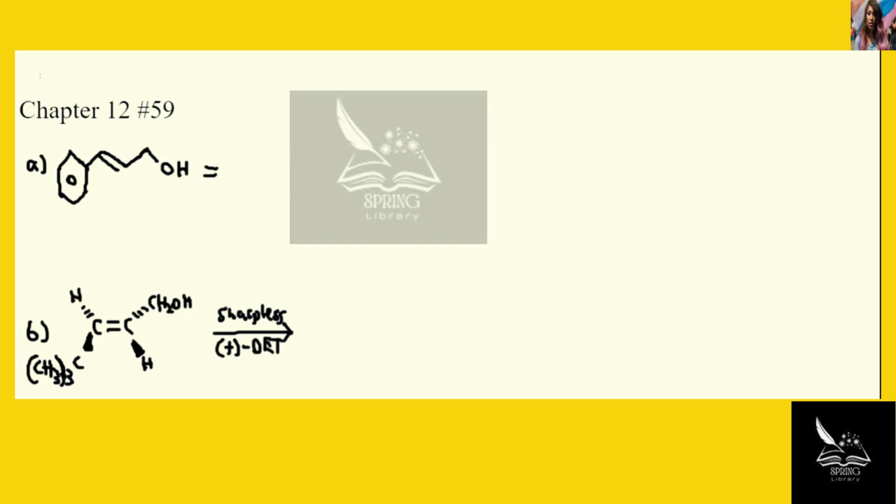When we do that, it standardizes the drawings, and we can very easily determine where the oxygen for the epoxide is going to be in terms of its stereochemistry. And so when we redraw this molecule, it looks like this.